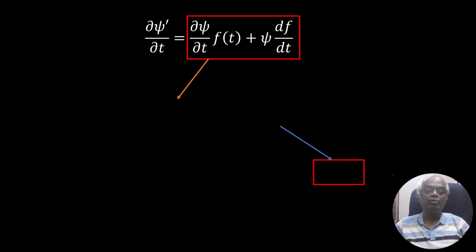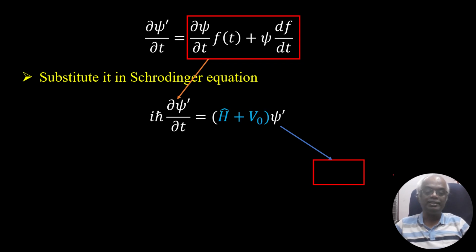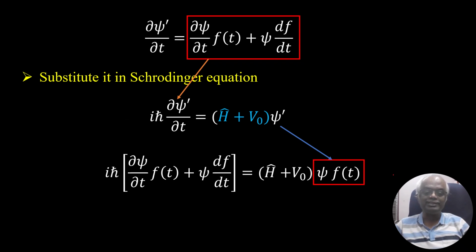Now you substitute this in the time-dependent Schrödinger wave equation. I h cross delta psi prime over delta t is equal to H prime plus V naught multiplied by psi prime. You know delta psi prime over delta t is equal to the expression I have shown in the red rectangular box.